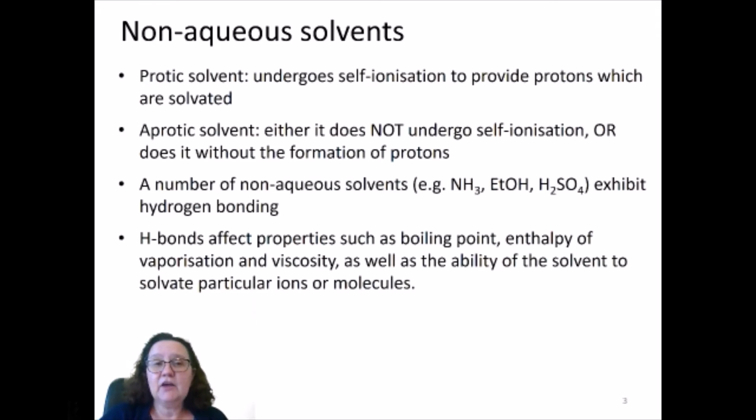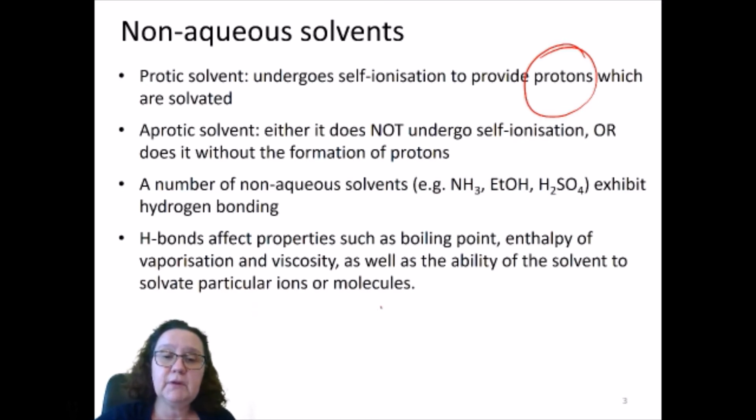You can have protic solvents, and we call protic solvent a solvent that will undergo self-ionization and will produce protons, hydrogen ions. So it will have a similar behavior to what water does.